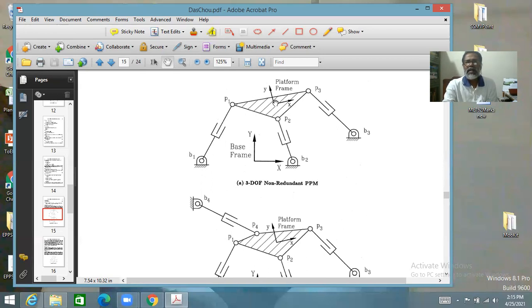It is the rotation matrix multiplied by this constant vector as expressed in the platform frame, plus this translation vector. The translation vector plus this constant vector as expressed in the platform frame, pre-multiplied with the rotation matrix corresponding to angle theta, will give you this point here in this frame.